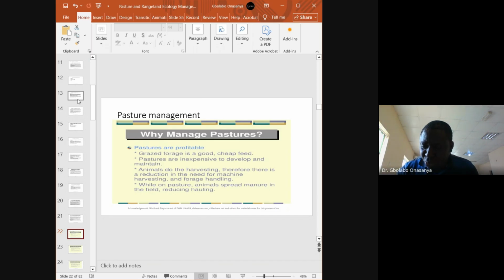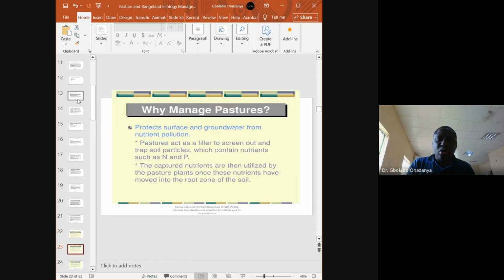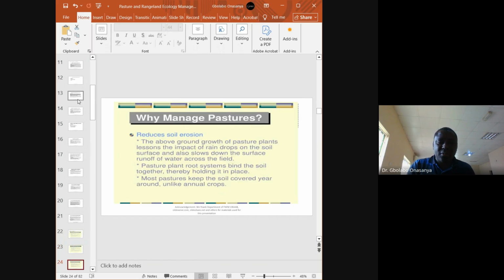It has advantage on erosion control, on desertification, and as a matter of fact, it provides tourism advantage. So the same advantage we enjoy from managing our rangeland, we enjoy from managing our pastures. It reduces soil erosion.